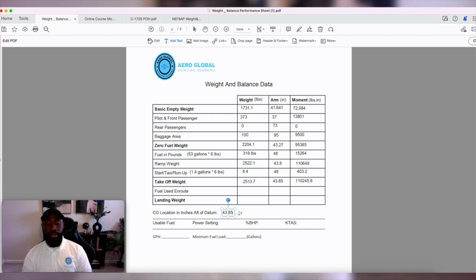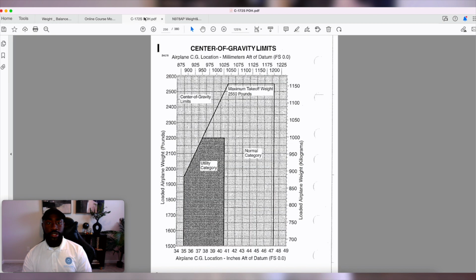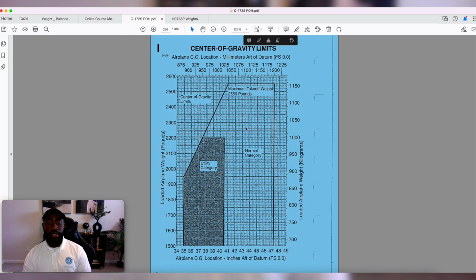That is our reference number right there. Then we can use this chart to determine, using the inches aft of datum, the CG location, if we're within this envelope for the normal category. Since our weight is about 2,513, I'll go slightly above 2,500 on the weight here, and I come to about 43 right there, which I believe is the CG.